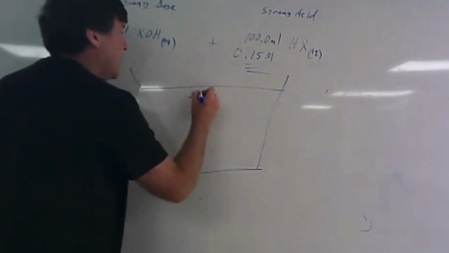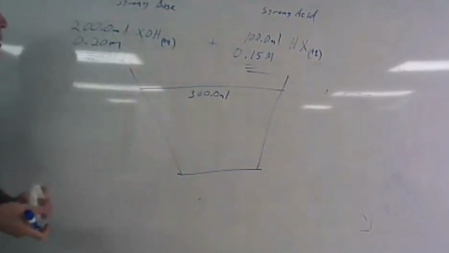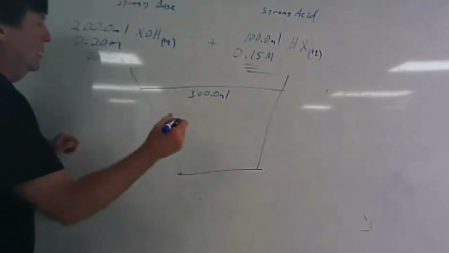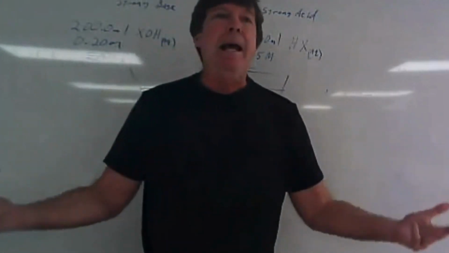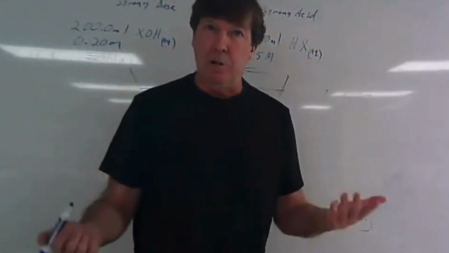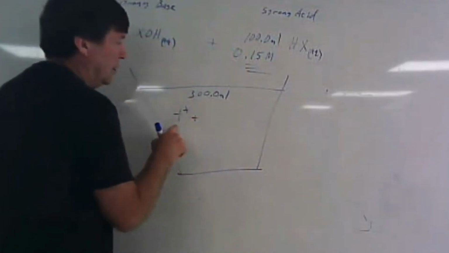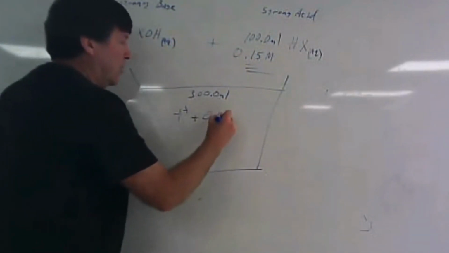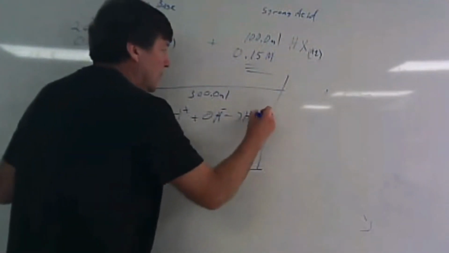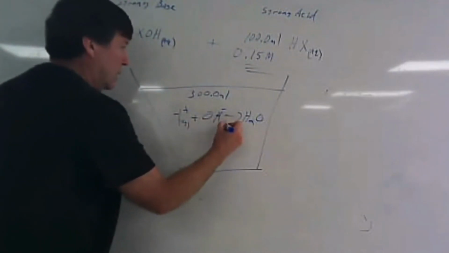Notice 300.0 mL total. Strong acid, strong base. Any strong acid, strong base has the same net ionic. I'll put H positive first. So hydrogen ions plus hydroxide ions yield H2O. Let's put aqueous.